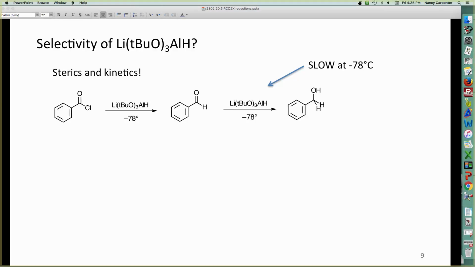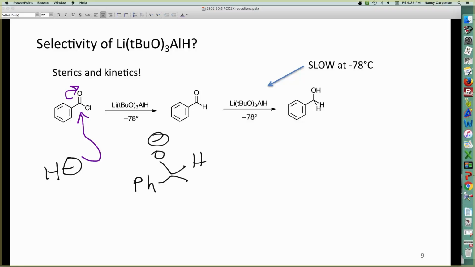So when I try to add my quote-unquote H minus to my acid chloride, again, I'll get that intermediate, and that intermediate may react to kick out the chloride to give you the aldehyde, but it's just so slow to react at minus 78 that as you monitor the reaction, you can stop right here and quench it before the second reduction takes place.